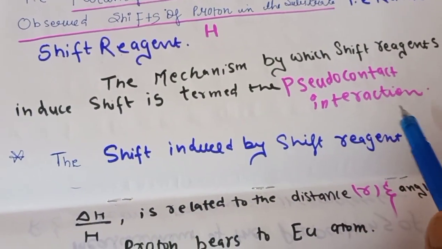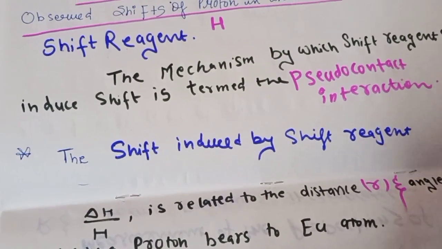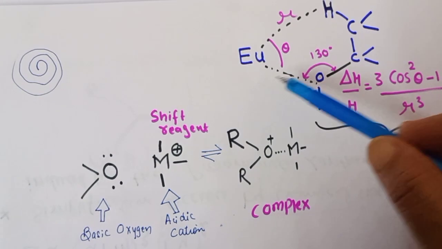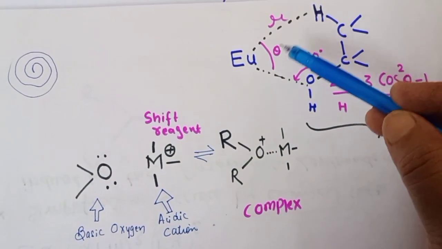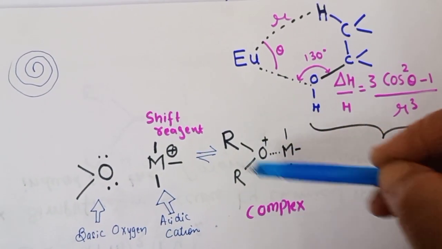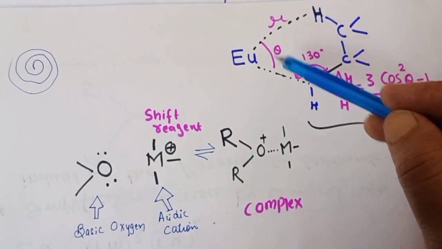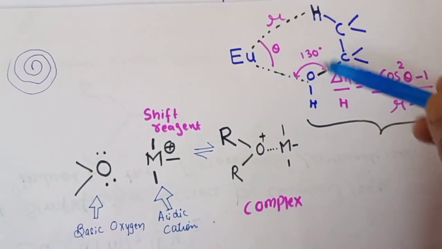And just as we have discussed here, as you can see, this is our europium ion and this is any organic complex. When they form a complex, there will be the formation of an angle, which we represent by theta, and this is the distance r. So what is the relation for delta H by H?